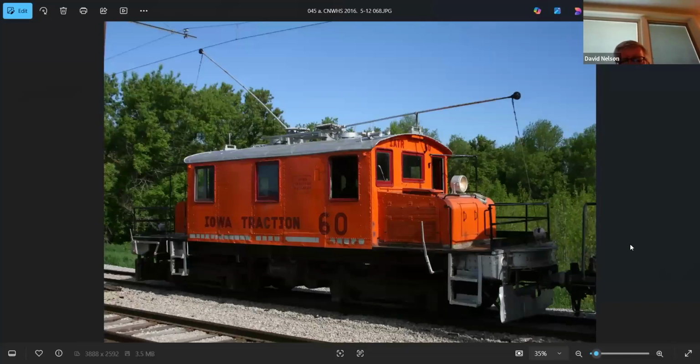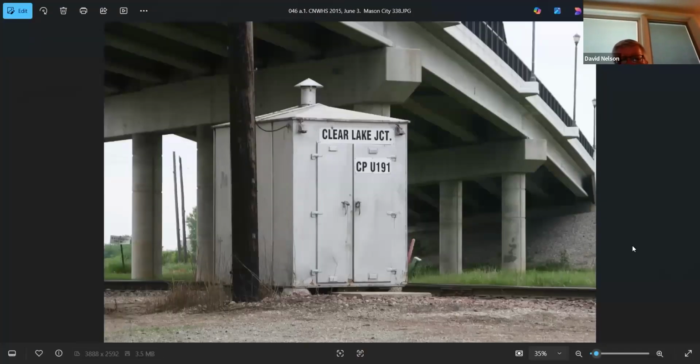So I mentioned Mason City and the Clear Lake Junction and the interchange track. Certainly the interesting locomotives that they have are a reason to go there if there is no other reason. But the operations are also interesting.